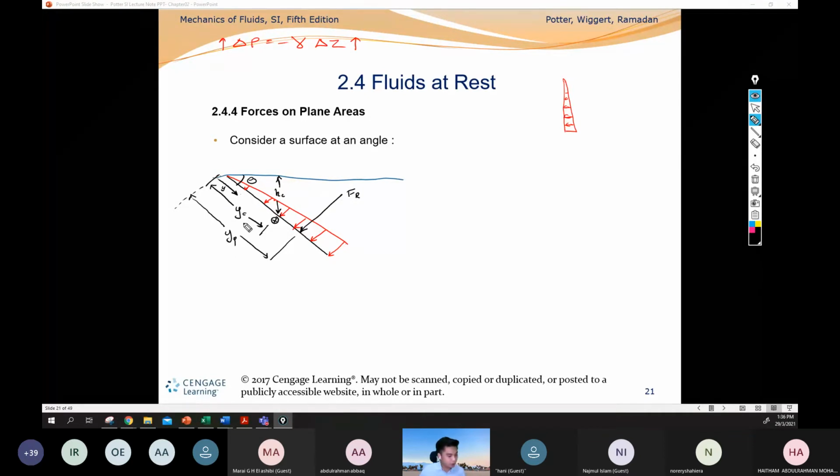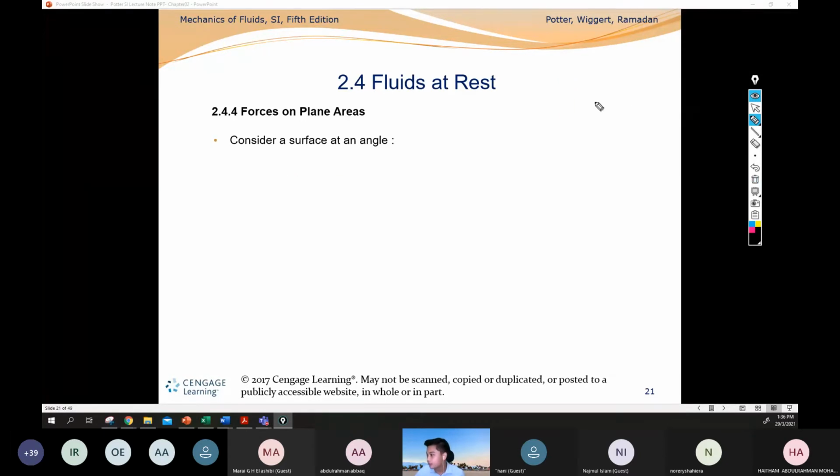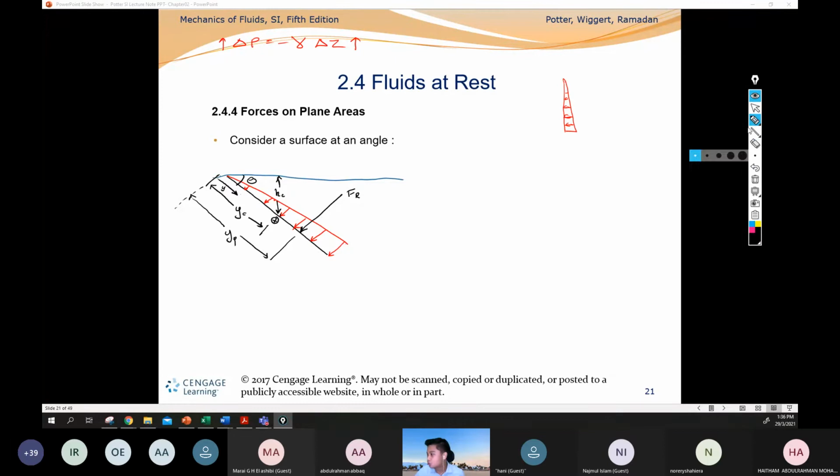From our basic equation of pressure, pressure equals force over area. To get force, it is pressure times area.